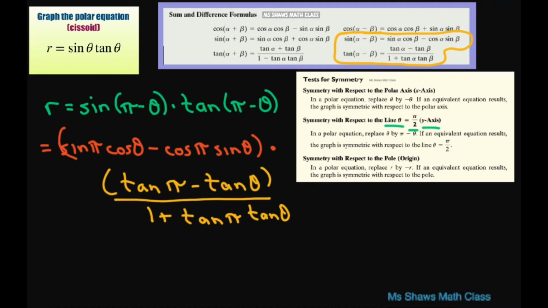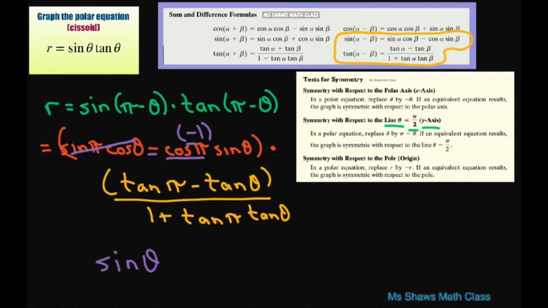Now, for the sine part, sine of pi is 0. Cosine of pi is negative 1. So when you have two negatives, you're just going to get sine of theta. So that gives you that.